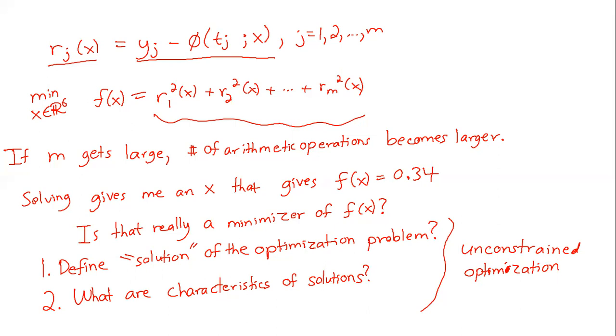Now the first thing is definitions of solutions to optimization problems. Always important to define what you're trying to achieve mathematically. So defining solution. There's a lot of different terms, and one of them is the term global minimizer. So here's the formal definition of global minimizer.